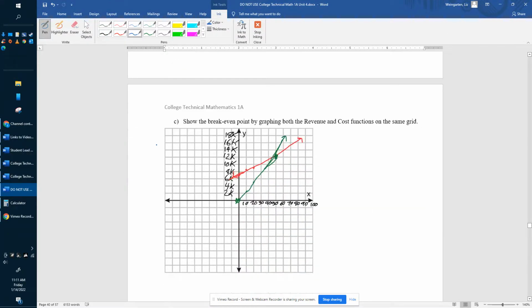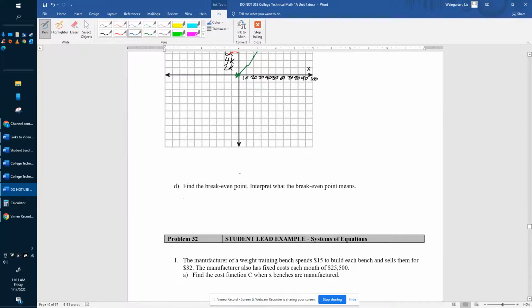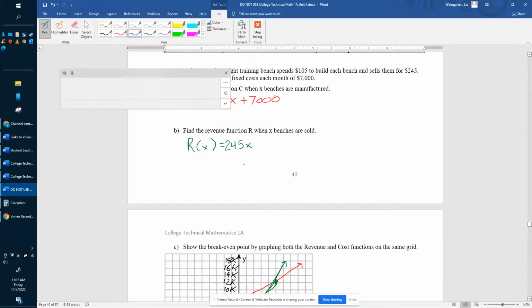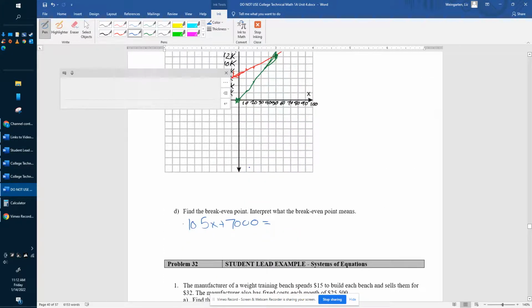So 105x plus 7,000 equals 245x. I'm going to combine like terms, getting everything on the correct side here.